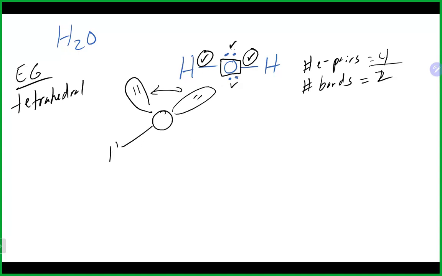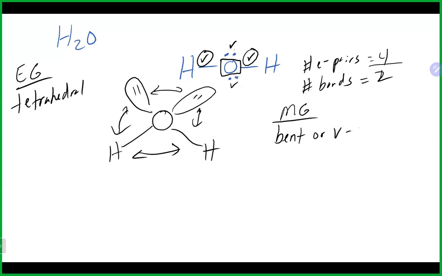Once again, there are some bonding electrons there with hydrogen, which also need to keep their distance, and obviously these hydrogens have to keep their distance. So what ends up happening is the molecular geometry, because of that non-bonding electron repulsion, is what is known as bent or V-shaped.